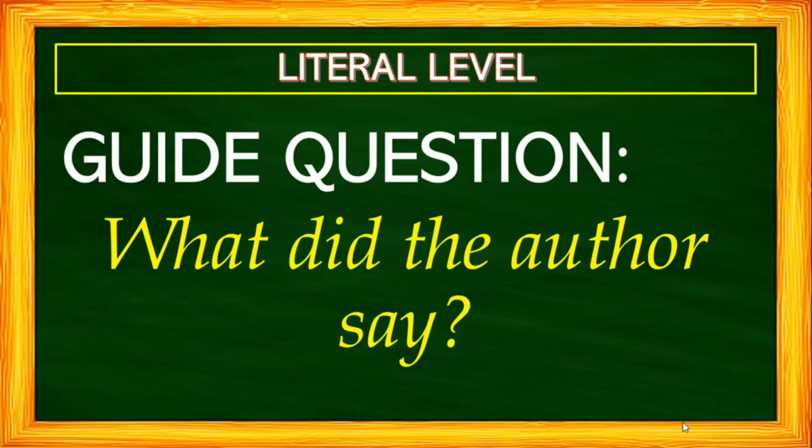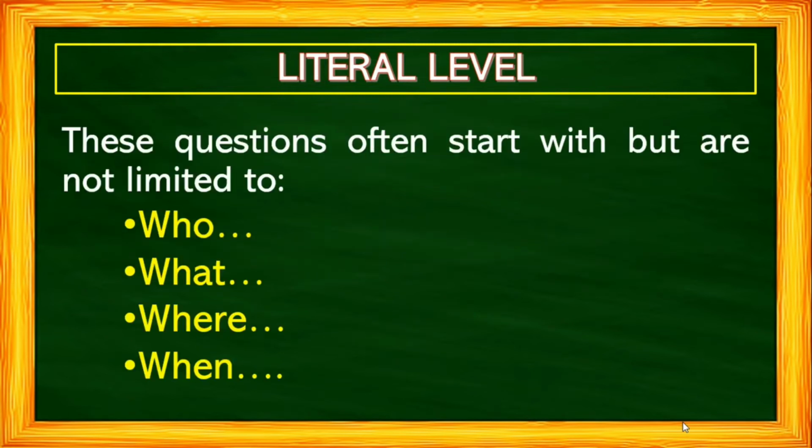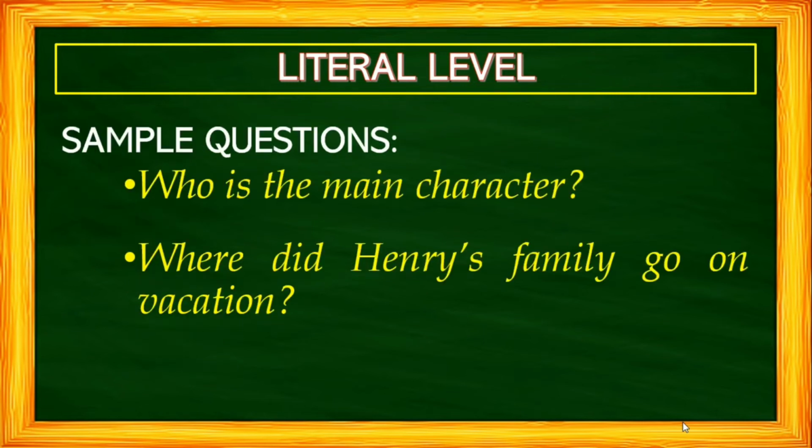All the answers to this question fall under literal level. Under the literal level, questions often start with, but are not limited to, who, what, where, and when. Here are some sample questions under literal level.